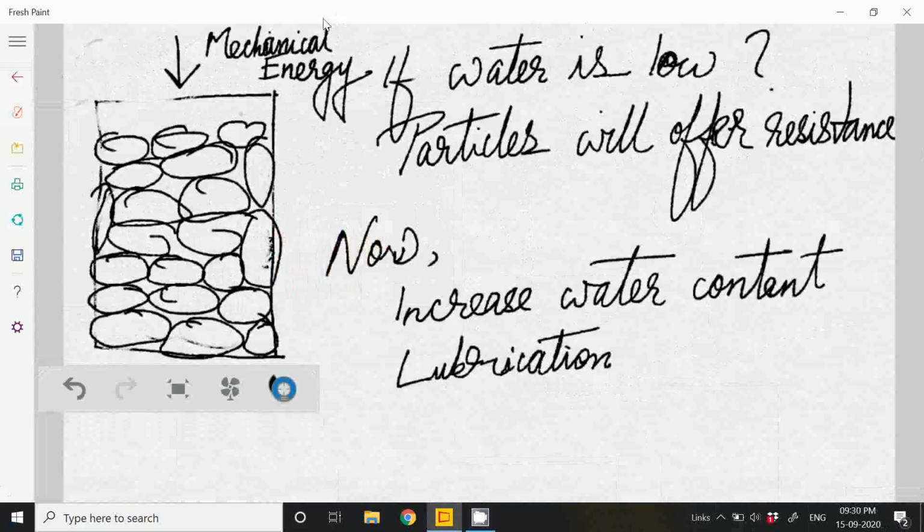So that means it will be more dense, and ultimately the compaction will be high. Compaction being high means dry unit weight will increase.